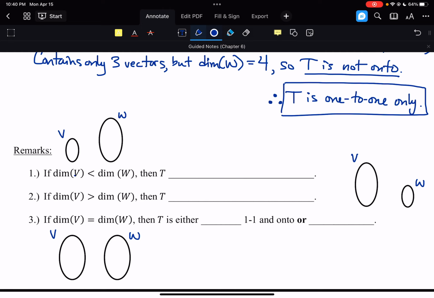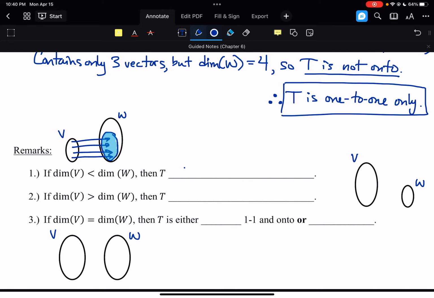If the dimension of V is less than the dimension of W, so the input vector space is smaller than the output vector space, then if we transform the basis into W, the problem we run into is that this vector space was too small, and it's not going to cover all of W. It's only going to cover a portion of it.